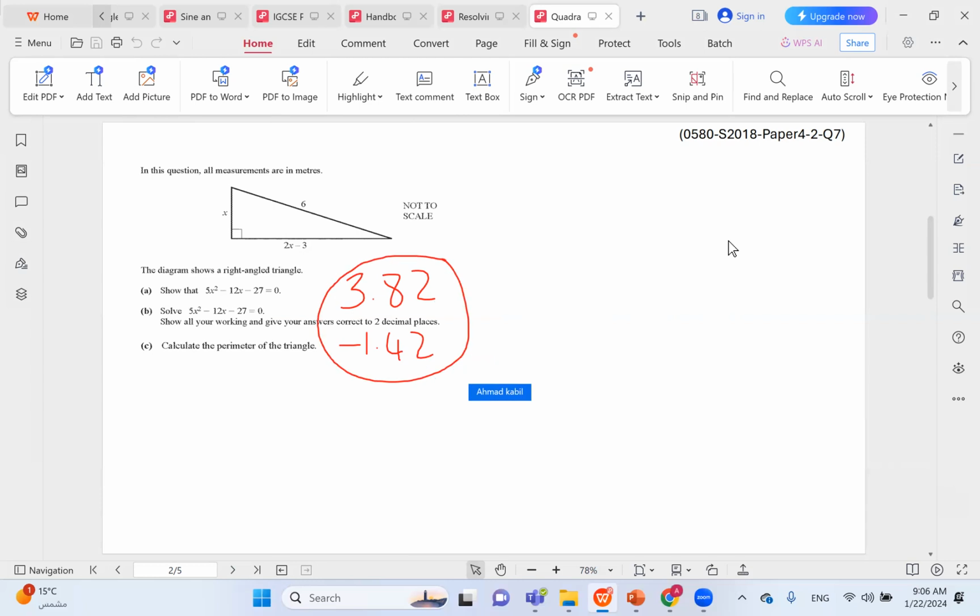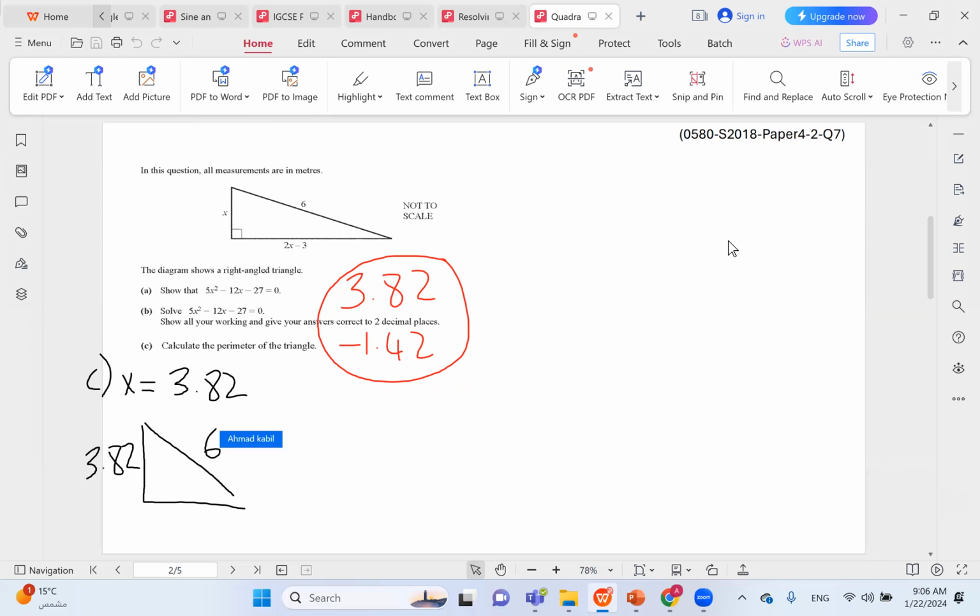For C, calculate the perimeter of the triangle. For C, now we have a real life application because we're trying to calculate the perimeter. And you cannot use the negative value in this case. So you have to go with the positive value. So I'm solving C now, and X equals 3.82. We have a triangle, and we have this side here, 3.82, and this side is 6.